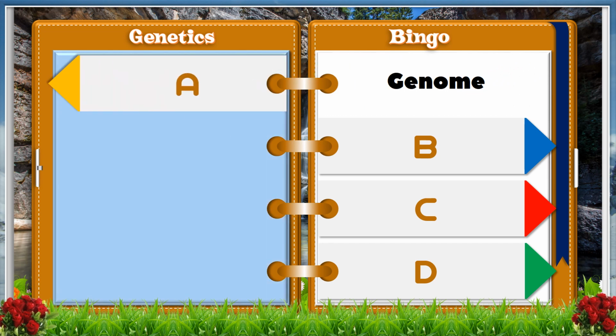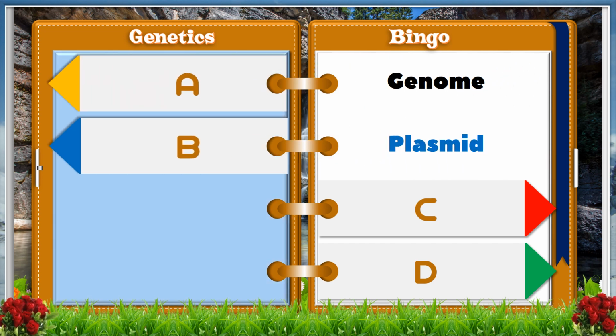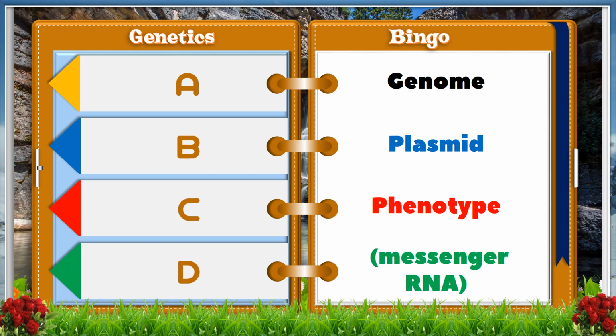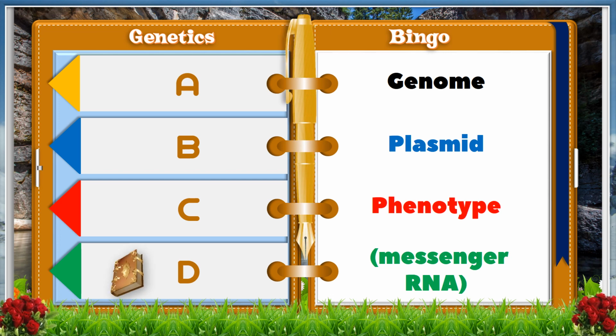A. Genome. B. Plasmid. C. Phenotype. D. Messenger RNA. And the answer is D. Messenger RNA.